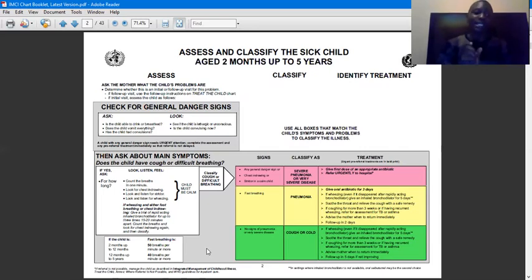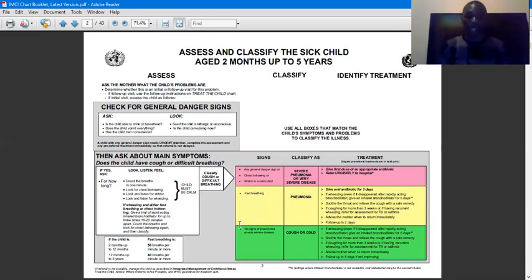You need to write the assessment, classification, and treatment of the baby according to IMCI. Meaning you need to have this booklet with everything in it in your head, because with IMCI you cannot guess the answers if you don't know what is stated in the booklet itself.